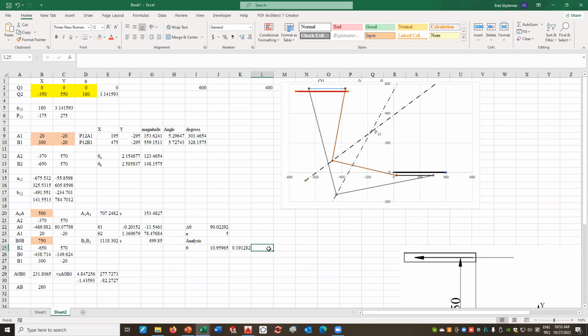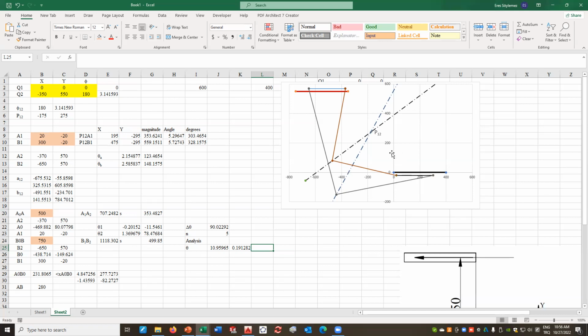What I can do, if you look at this diagram, is determine the position of A. I know A0, B0, and the angle it makes, everything about A0, B0. I can determine the distance from B0 to A, correct?